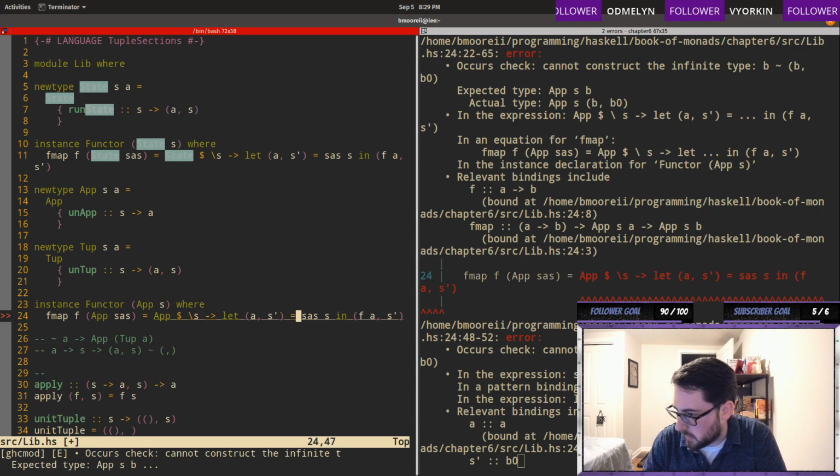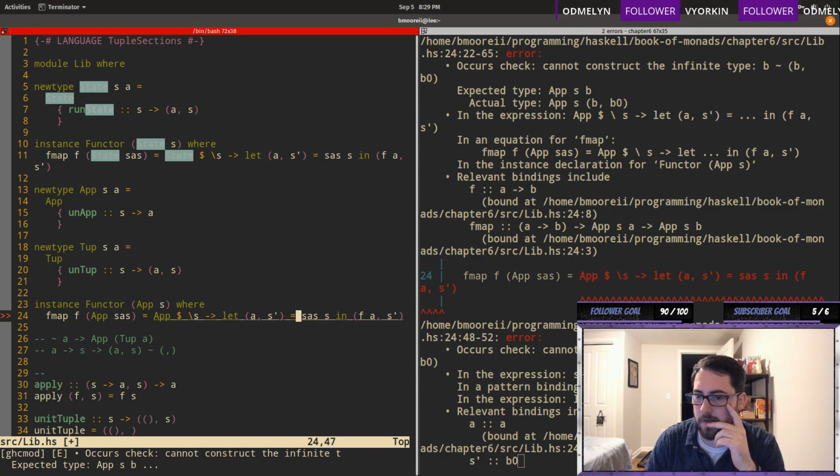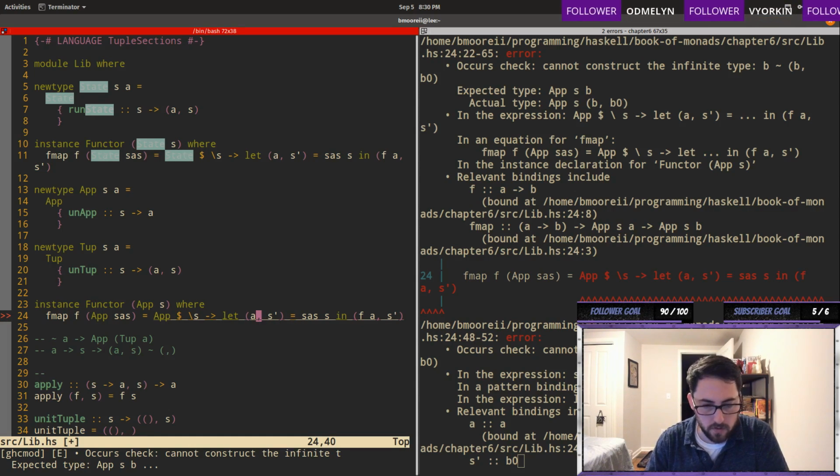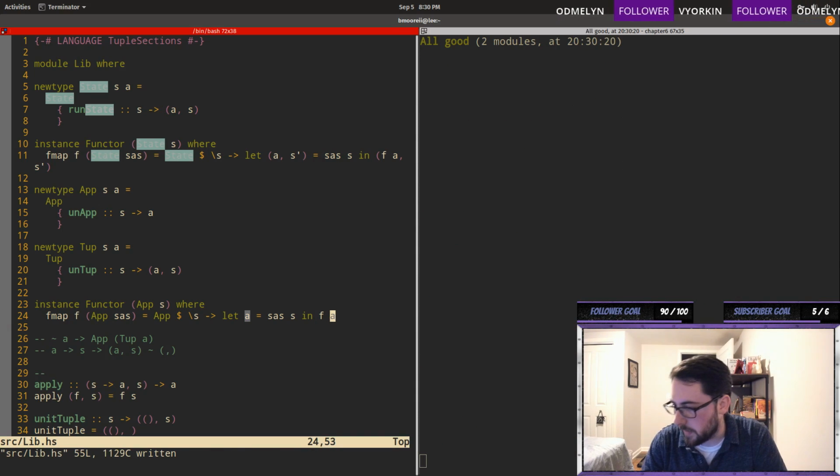Just gonna make this a little smaller for a second. Expected type. Oh, it's not the same. Right. Because we don't need to save S. There we go. The top one is the same, in fact, so.